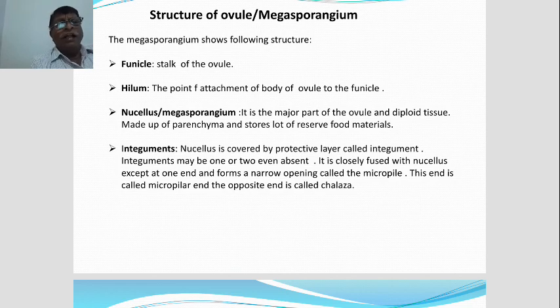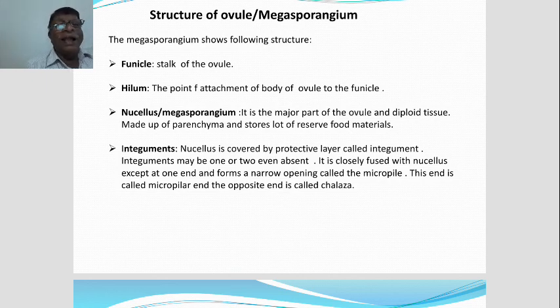The integument is closely fused with nucellus, except at one end, and forms a narrow opening called micropyle, through which the pollen tube enters at the time of fertilization.